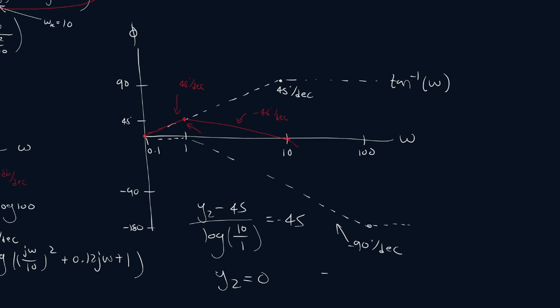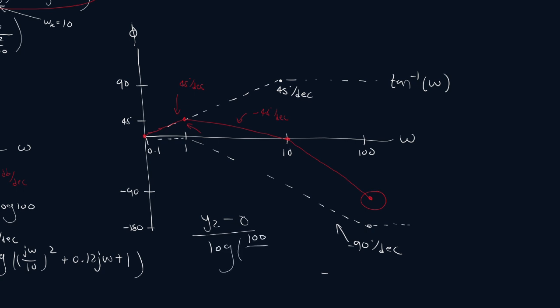Now from here, the slope decreases until we hit 100. Okay, so let's find the point here. So it's y2 minus 0, because of this, all over log of 100 divided by 10 equals minus 90 degrees per decade because it's the slope of this.